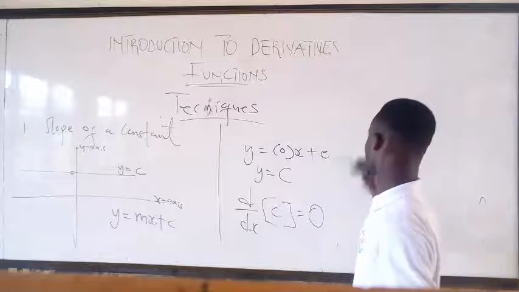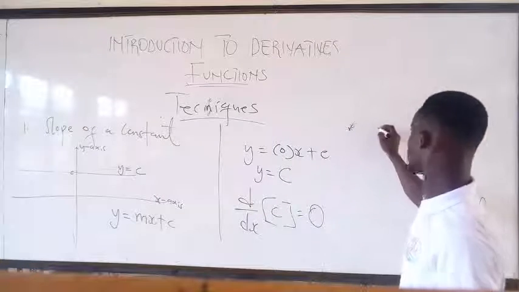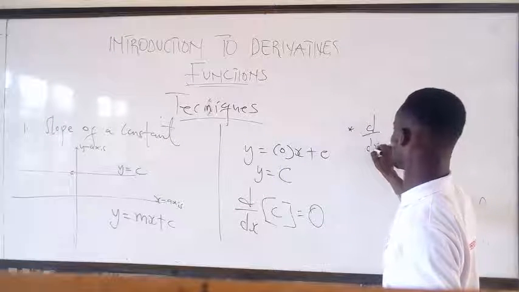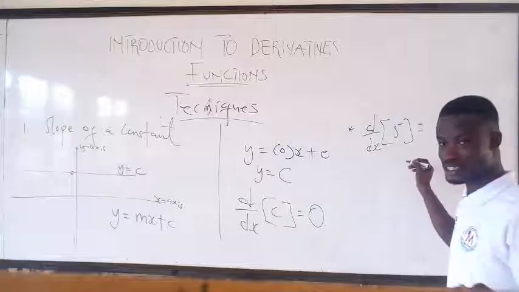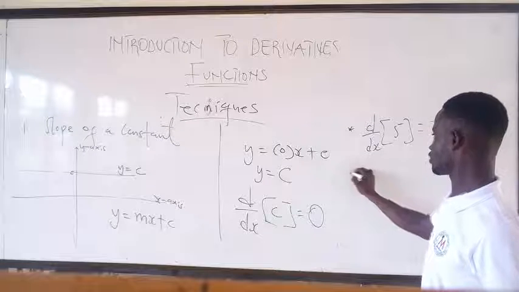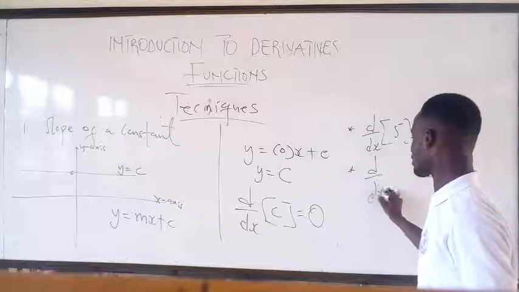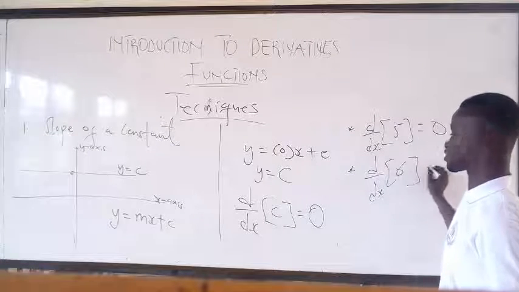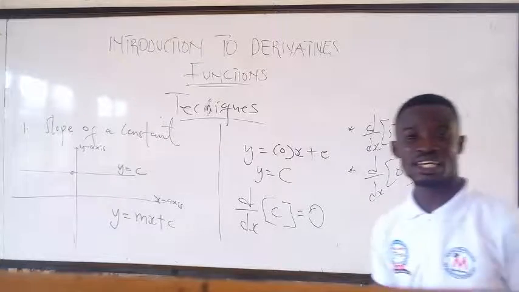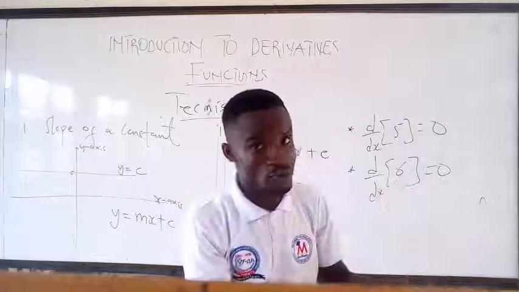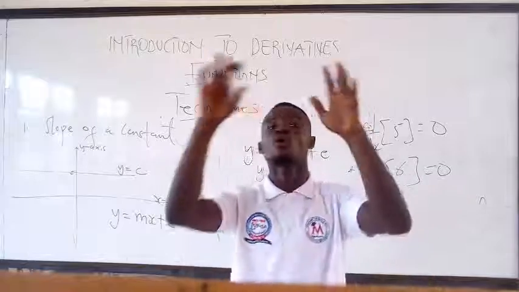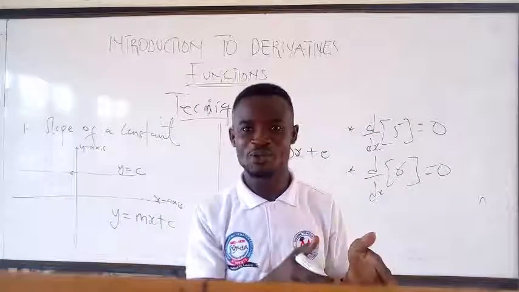Alright, so let's try with some examples. Let's say the derivative of 5. What do we say? 0. The derivative of 6. 0. Even if the whole world is a constant, the derivative of the whole world will be what? 0.